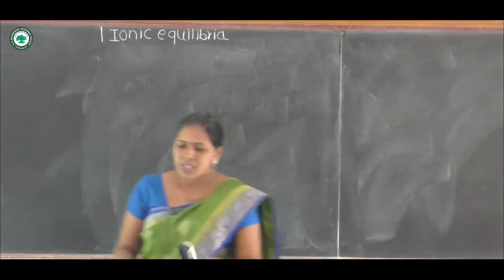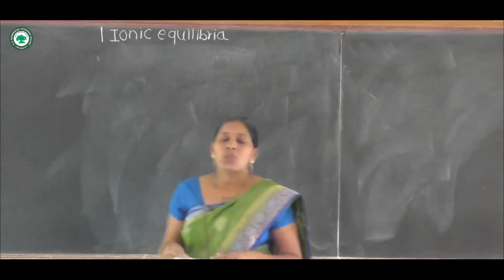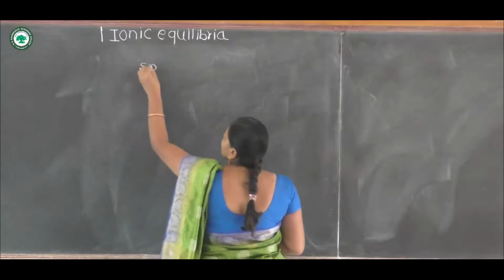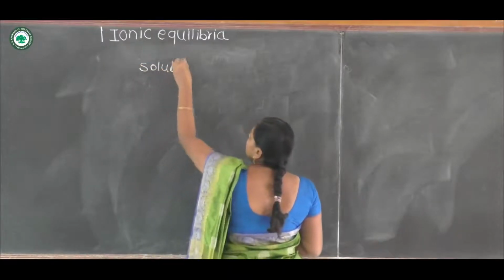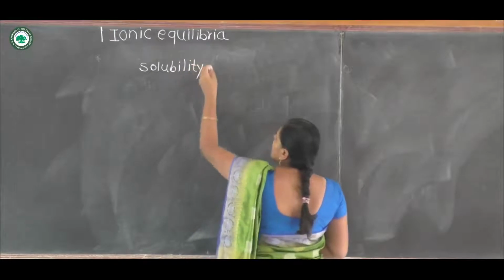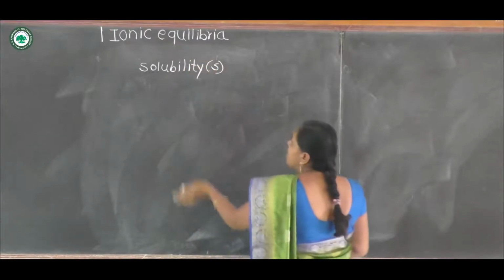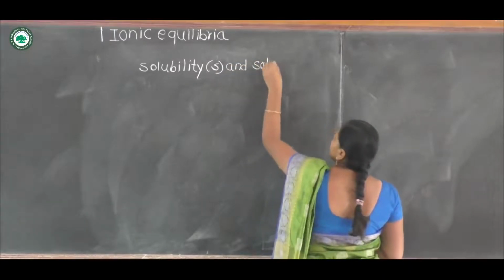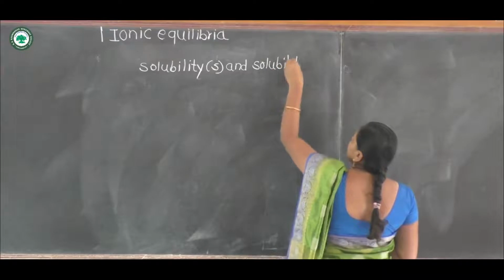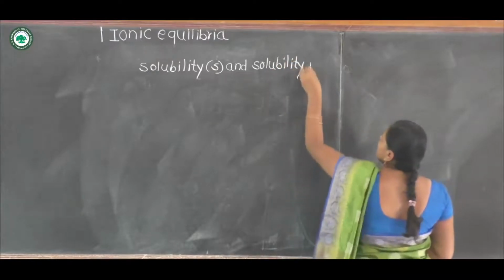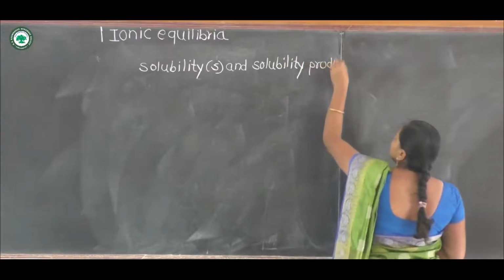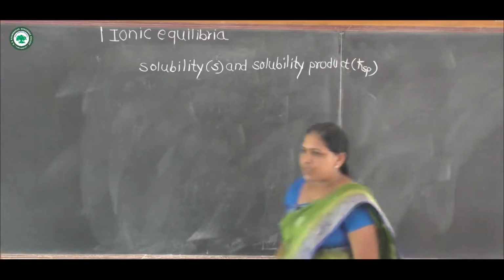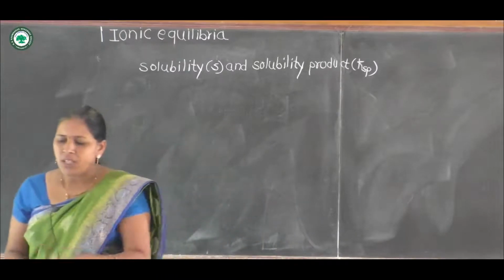Solubility is denoted by capital S, and solubility product is denoted by KSP.